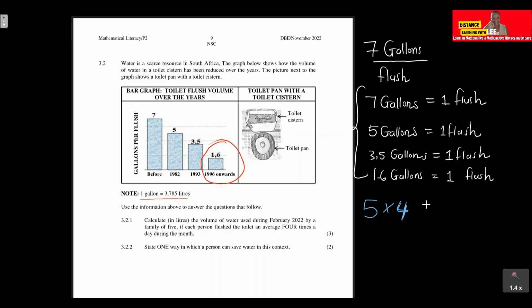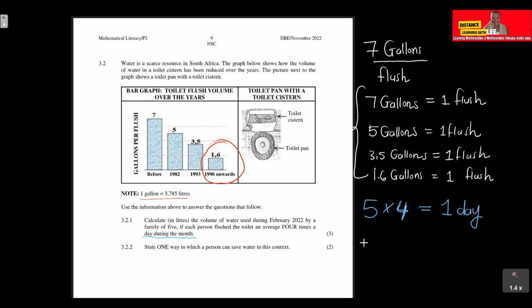However, we want to determine how many times they flush during the month. So we now need to take whatever value we get here and multiply by the number of days we would have in February 2022.